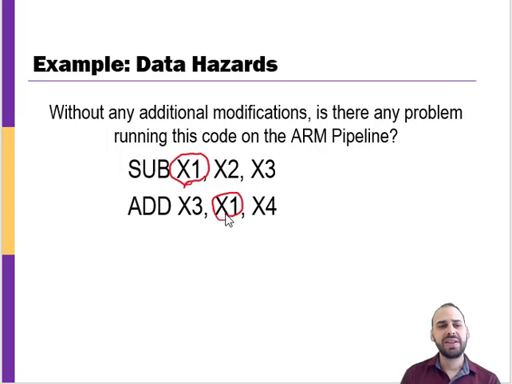And so this asks a question. If we started running this program, let's assume that the first clock cycle is clock cycle 1, right?